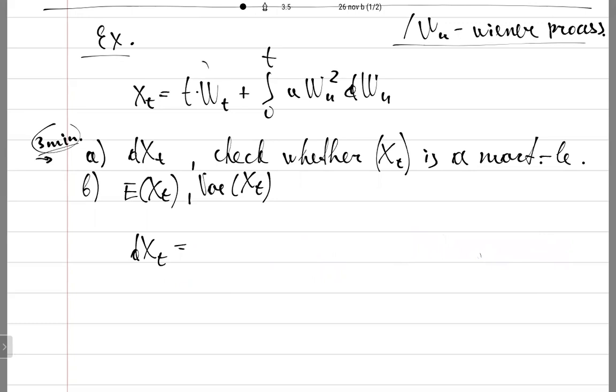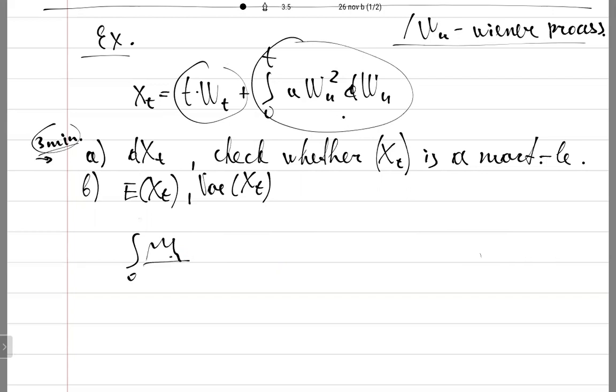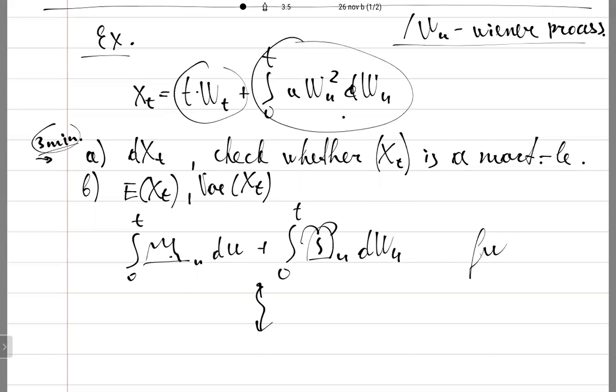I see two parts in my question. First, let's deal with the second part because it's easy. When we see some integral of h(u) du plus integral of g(u) dW_u, this is the full form, and in short form it will be h(t) dt plus g(t) dW_t.